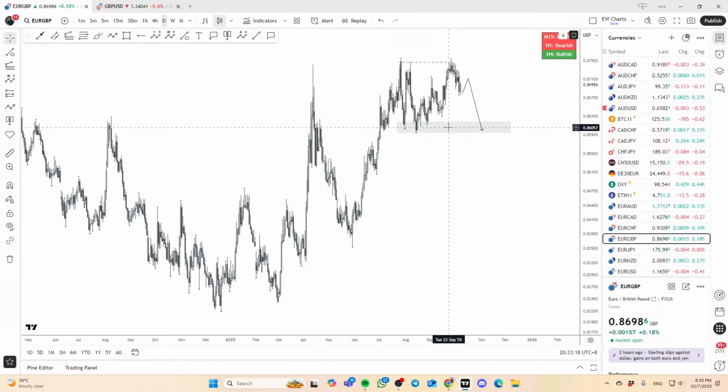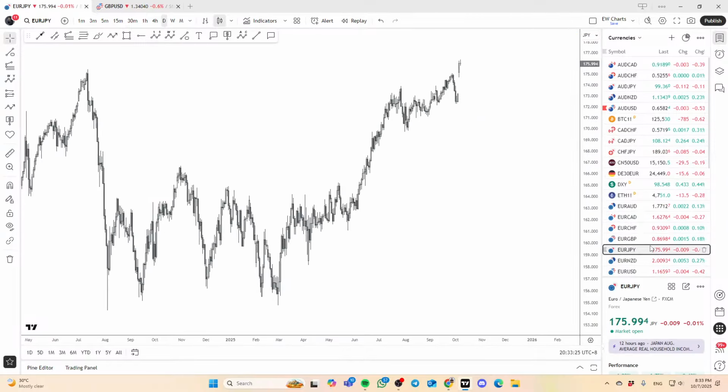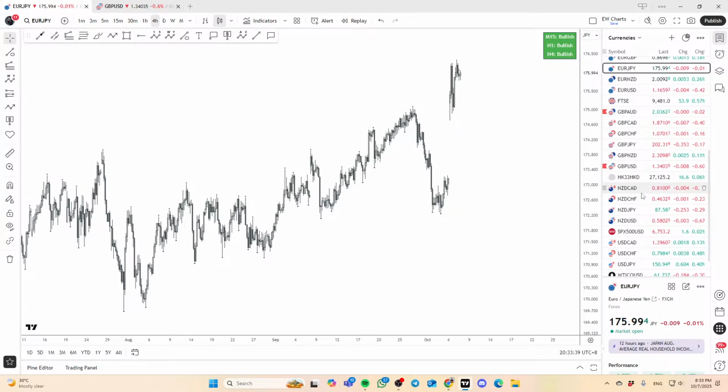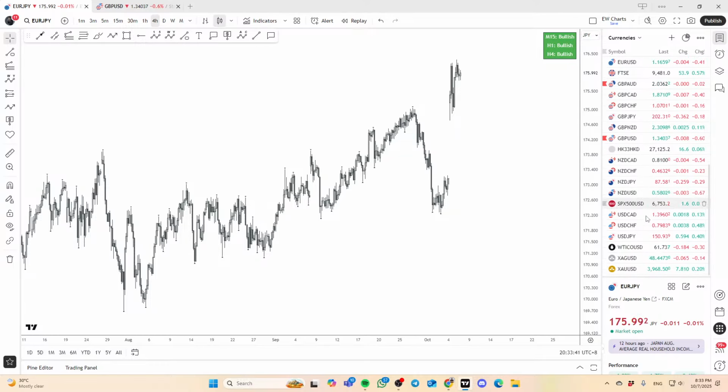Another request I see is Euro Yen and Dollar Franc. Yen pairs, to be very honest, there's really nothing there because the market just impulsed up, gapped up this week. So this week, all the yen pairs, you potentially just leave it aside and you don't want to touch it until next week. Okay. I think Dollar Franc we did cover slightly earlier as well.